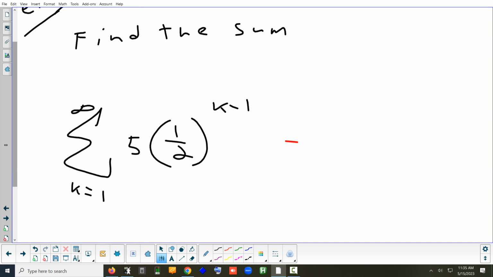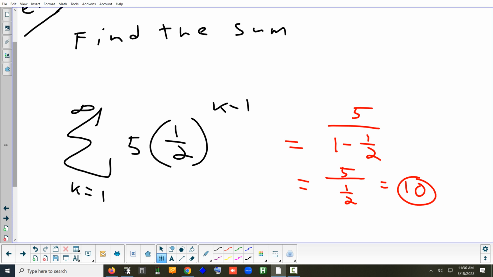What's the formula that we just came up with? a sub 1 over 1 minus r. So that's a sub 1 divided by 1/2, which is 10. So 5 divided by a half is 10.